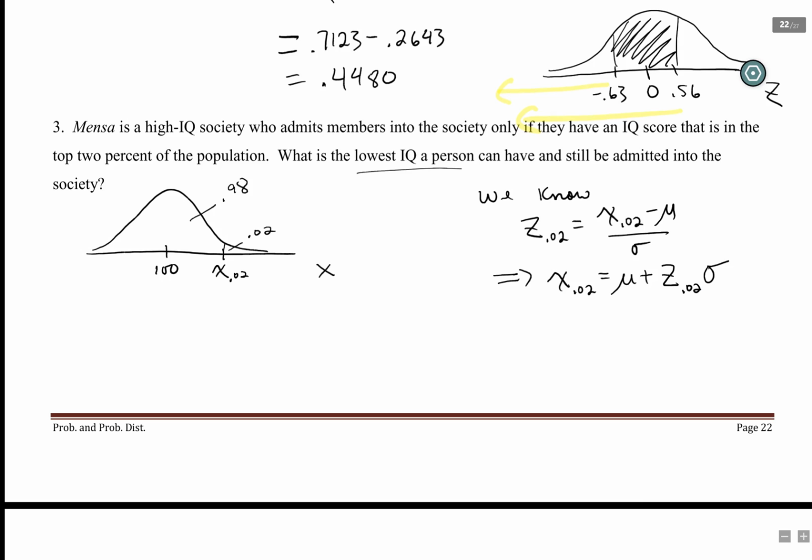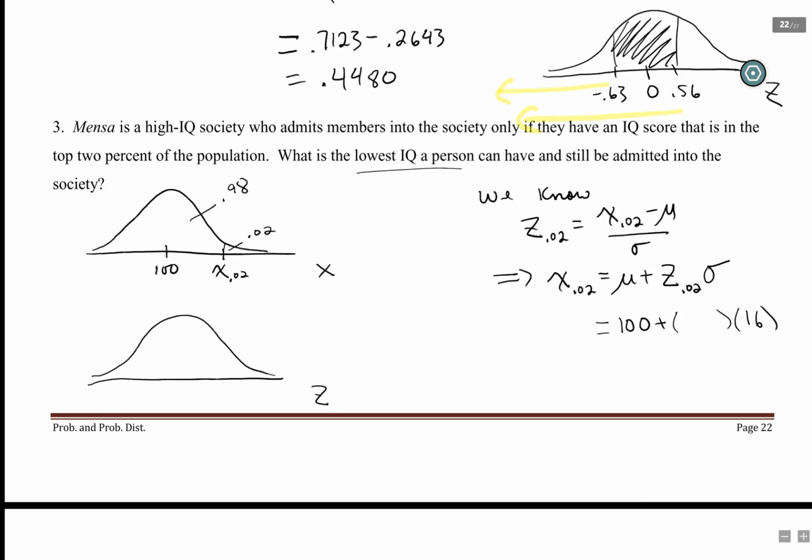Now, mu is 100, plus what is z sub 0.02? I don't have that yet, I can look it up. I know sigma is 16. So I just need to look up z sub 0.02 to get the final answer.